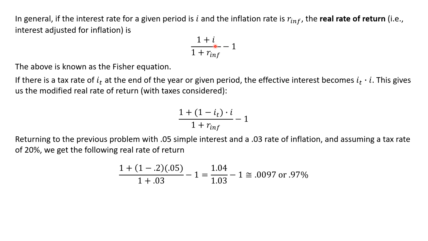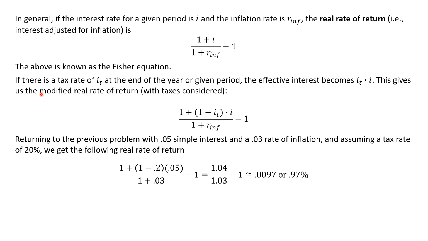This is known as Fisher's equation. So we did this for a particular problem on the previous slide where we had the candy bar example. So the interest rate was 0.05 and the inflation was 0.03. And so we got our number, and then we subtract the 1 just to get the interest amount, or the effect, I should say, the adjusted interest amount.